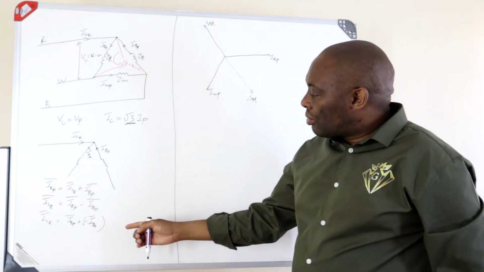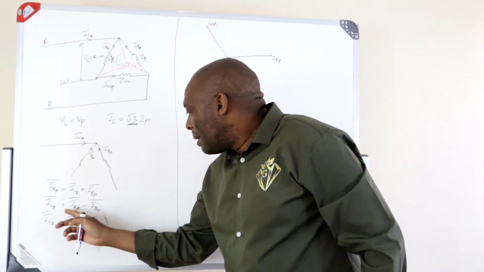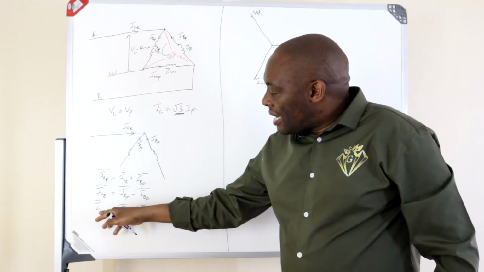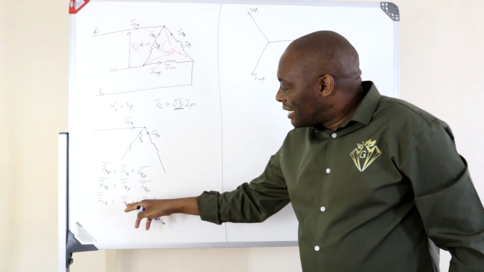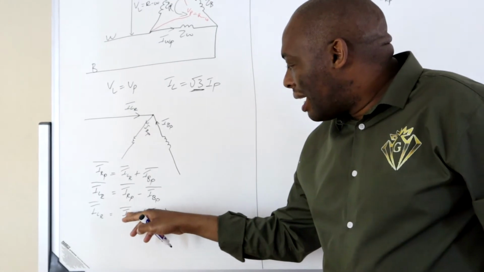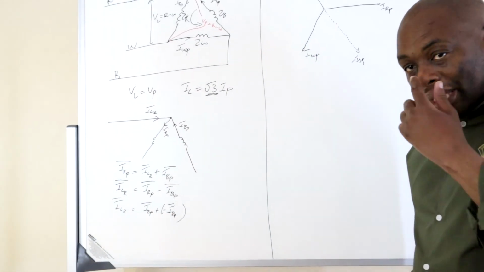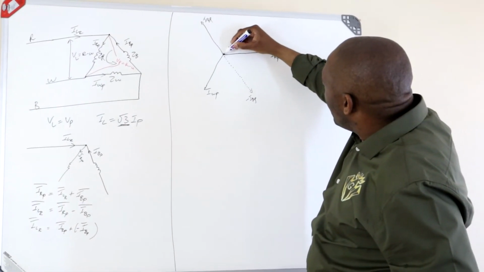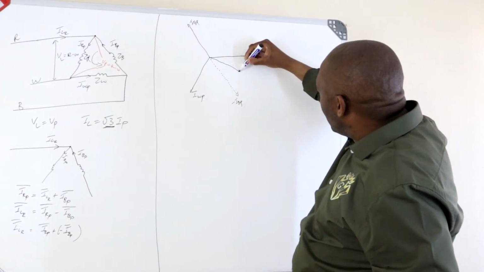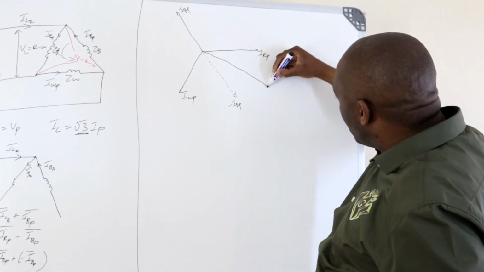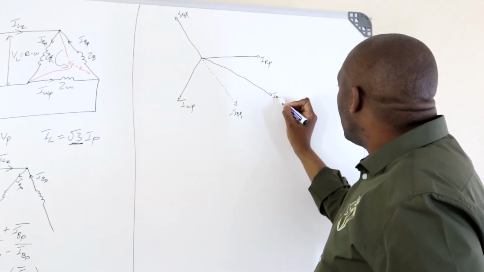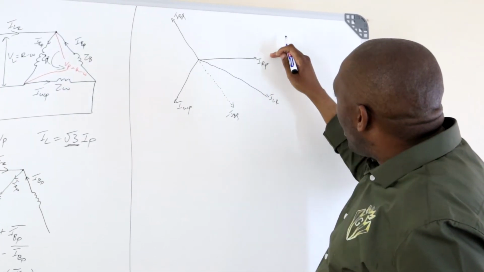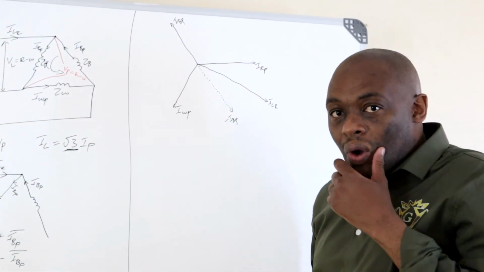What we know about this is that ILR is the resultant of your I red phase plus minus I blue phase. Therefore, your ILR is the resultant of your I red phase and your I blue phase.